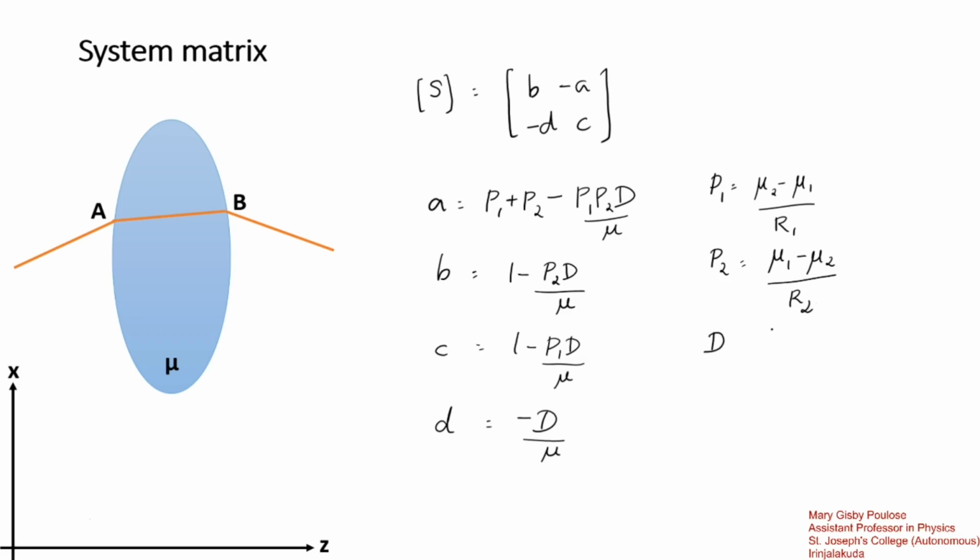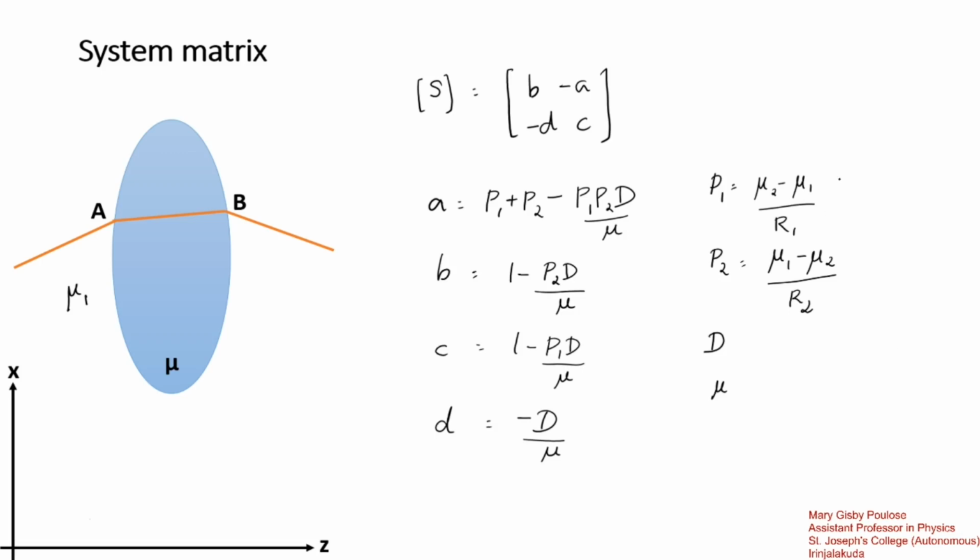D is the distance traveled by the light ray within the lens in the z-axis, and mu is the refractive index of the lens. So here we see that the lens is placed, let us assume, in a medium of refractive index mu1.